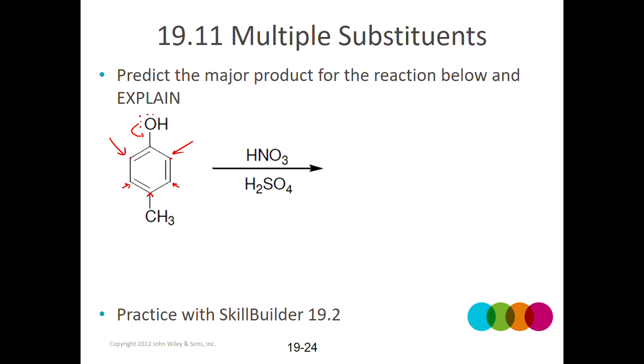So this OH group is strongly directing the new group here, and the methyl group's only weakly directing the new group there. So we definitely expect the resonance to take priority there, and would predict that the major product at least would have nitro groups mostly connected here or over here, but again, those two positions are equivalent due to symmetry.